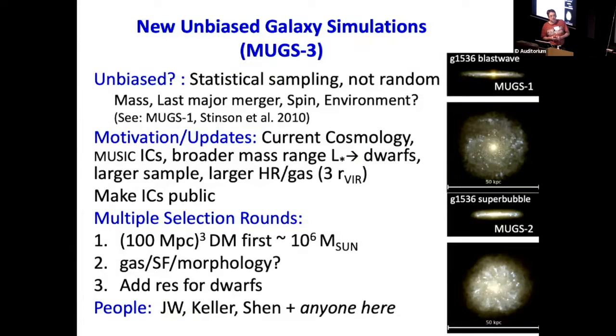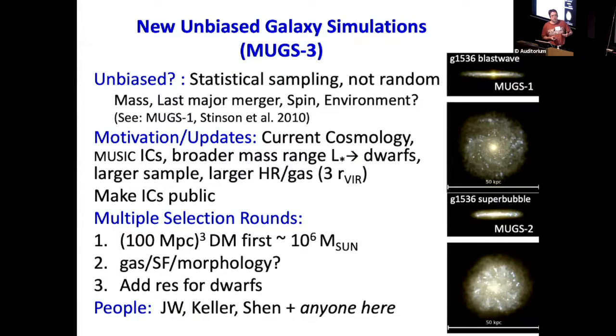The idea with MUGS was you don't just pick a random set of galaxies, you choose them so they're statistically representative. So this means that with 20 galaxies, you actually represent galaxies with high spins, with late and early merger histories, etc. So you represent a diverse set of galaxies that collectively would give you a representation of the full galaxy population that is comparable to, say, 100 or so with just 20.